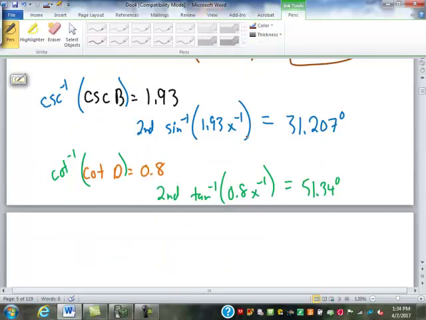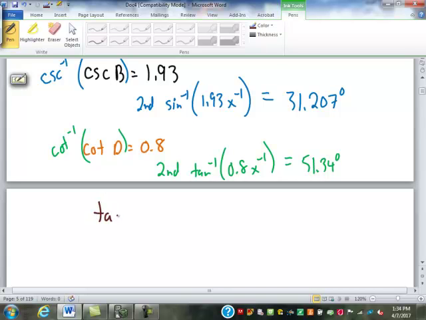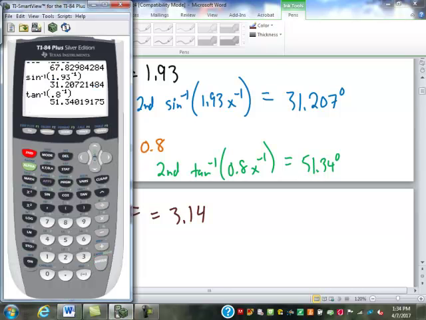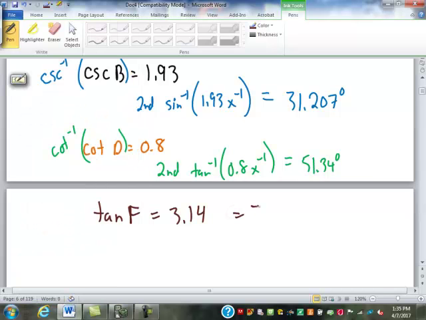Finally, if I tell you the tangent of angle F is 3.14. You just do second tangent, type in the 3.14, close the parentheses and go. This tangent is one of your functions, right? So to do an inverse tangent, you don't have anything special.